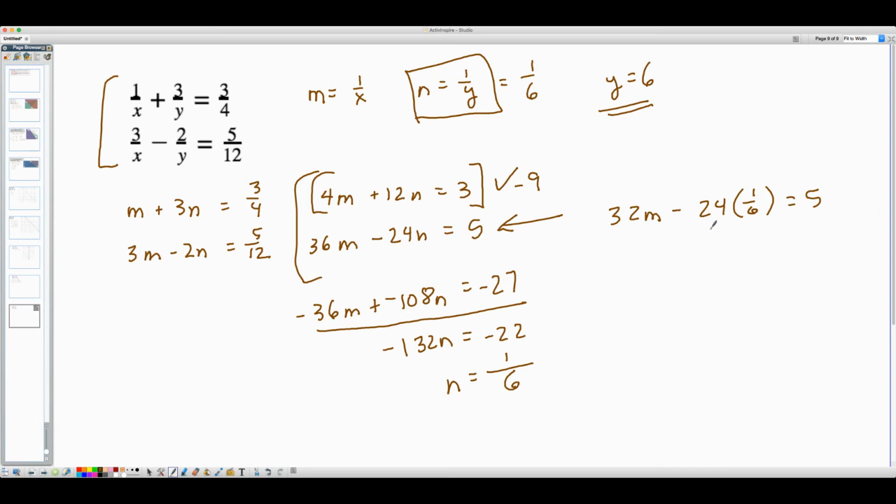Let's see. 24 times 1/6 is 4. Add 4 to both sides, you get 36m is equal to 9. So m is equal to 1 over 4. But m is equal to 1 over x, so that means my x value has to be equal to 4.